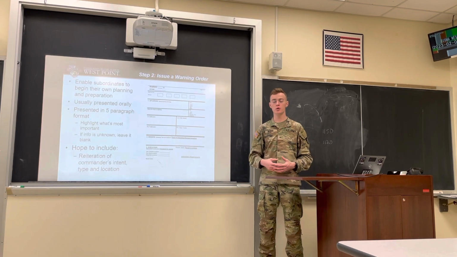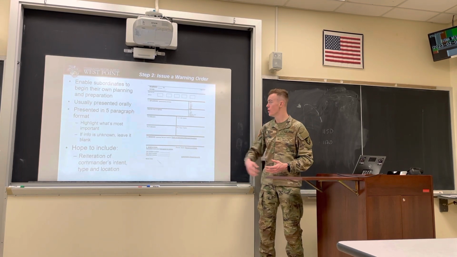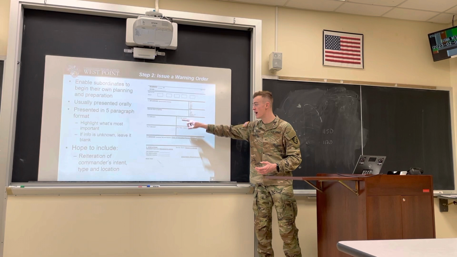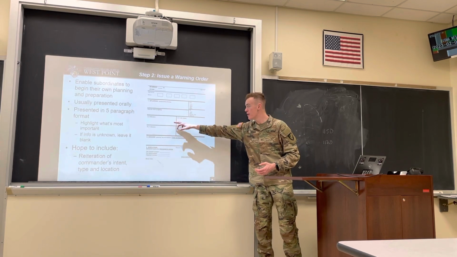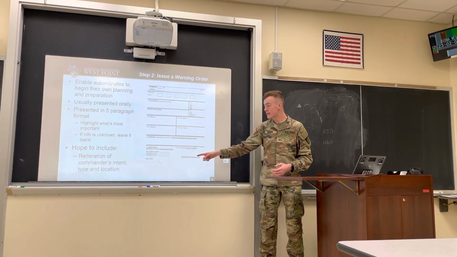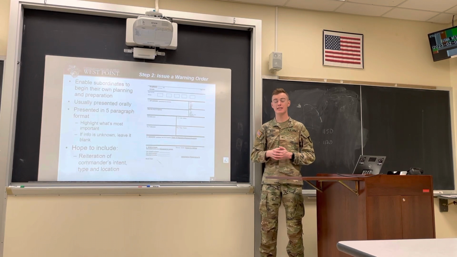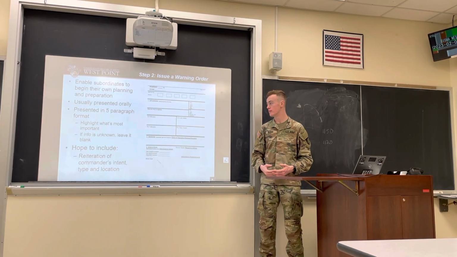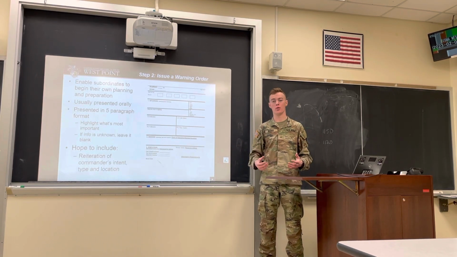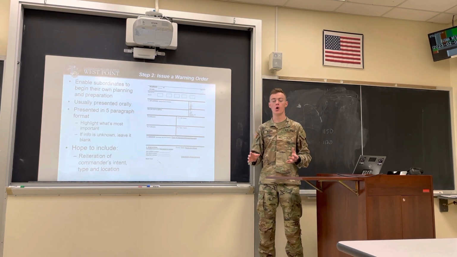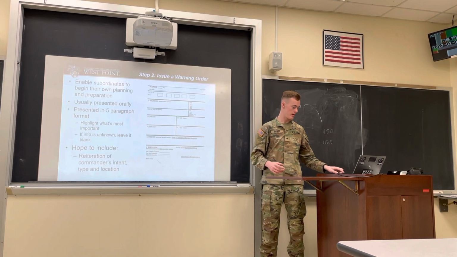This is really, really useful because a warno is going to be able to give you the situation, who they're fighting, the mission of the platoon, the company, but it reiterates the commander's intent. Also, the type of mission and its location. If info is unknown, it's important to leave it blank. Not everything has to be perfect here. We're going based on what we know.